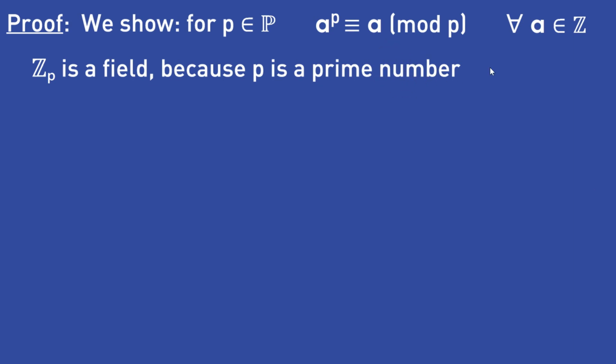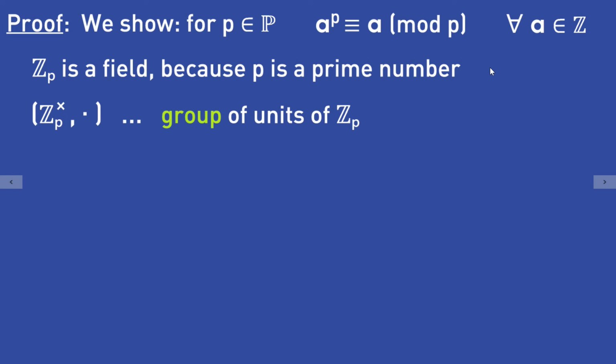Now we take a look at the group of units of Z_p, which we denote like that, Z_p cross. That group of units contains all those elements of Z_p that have an inverse with respect to the multiplication on Z_p. And as the name says, the group of units together with the multiplication of Z_p forms a group.